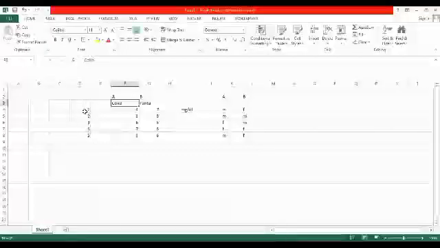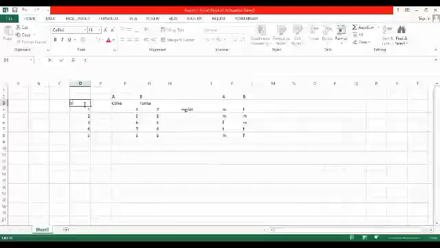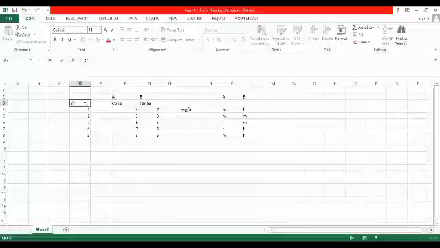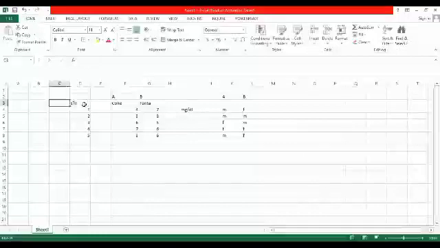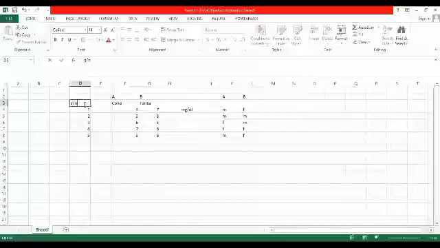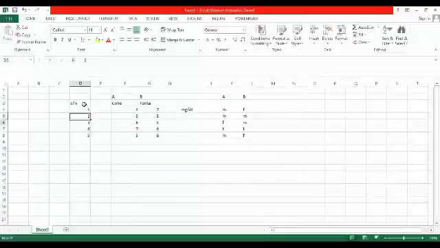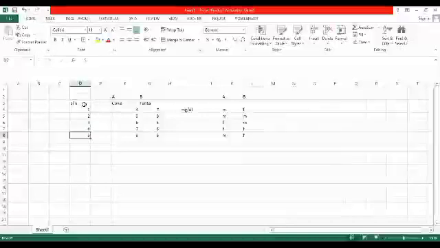This is the serial number. So we have the first participant, second, third, fourth, then fifth.